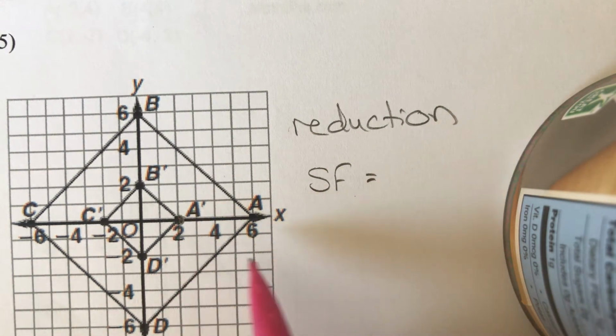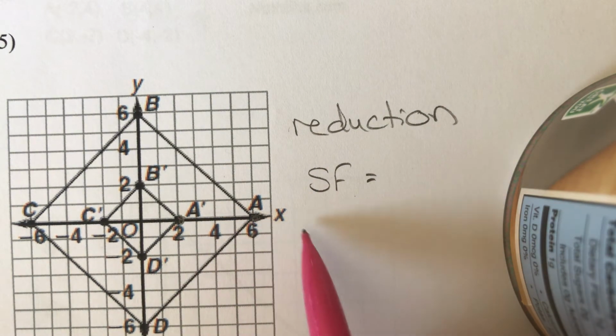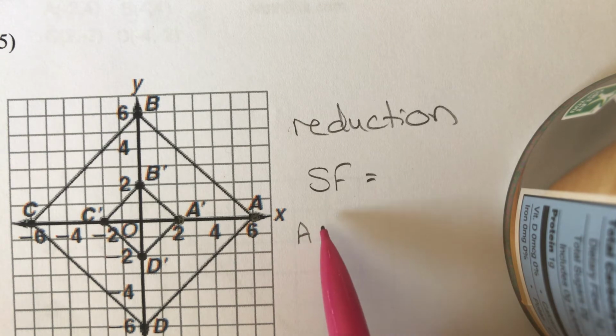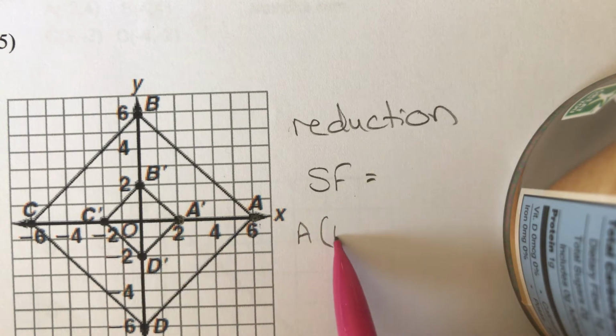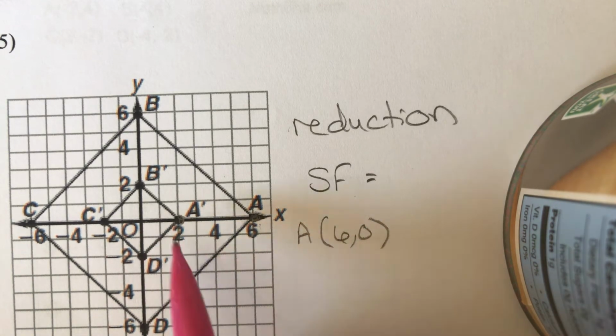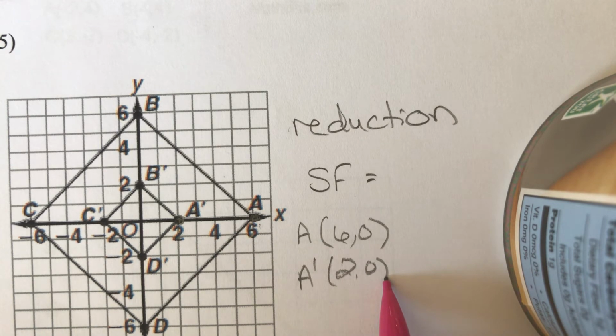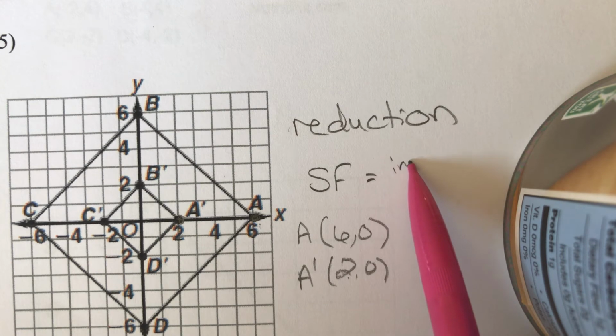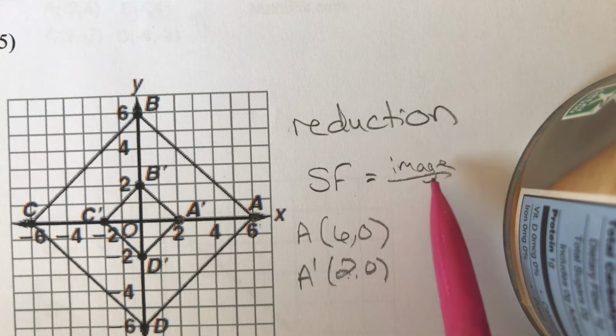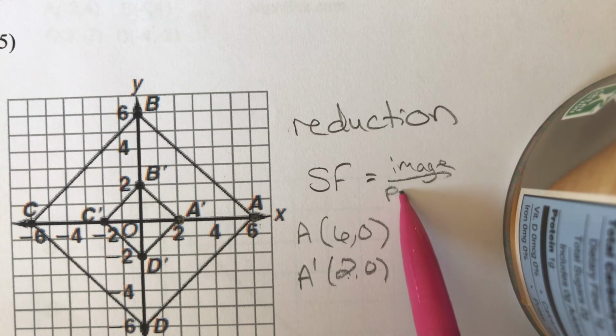So let's take a look at A. So I've got A over here at 6, 0, and A prime is at 2, 0. So remember, image over pre-image.